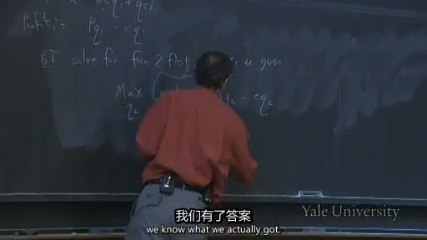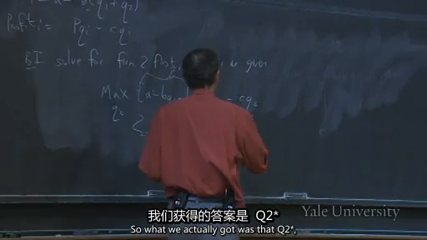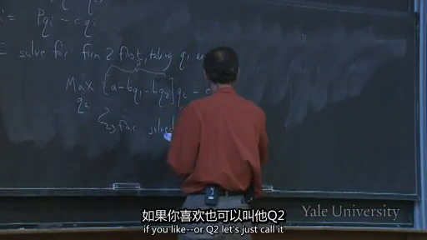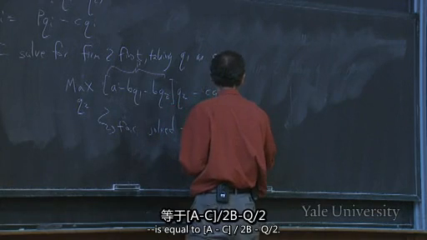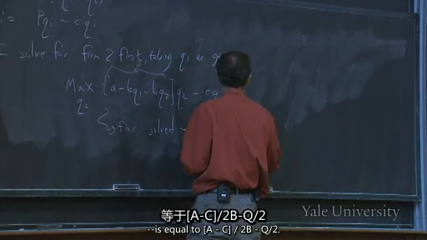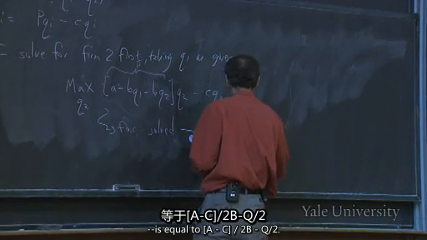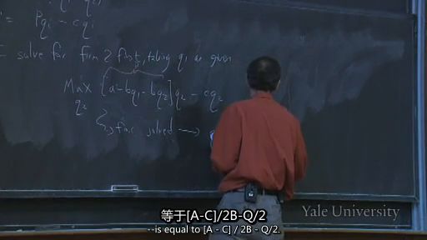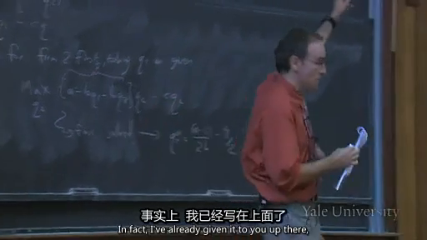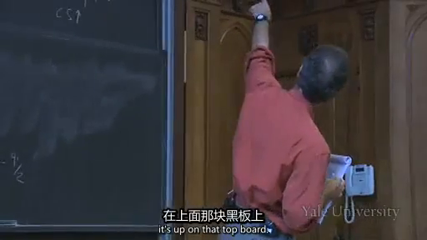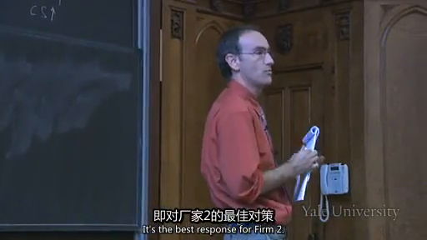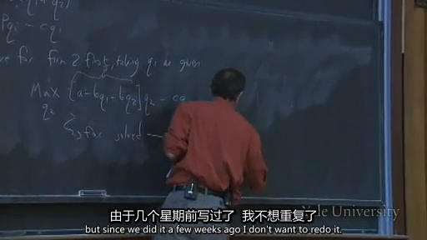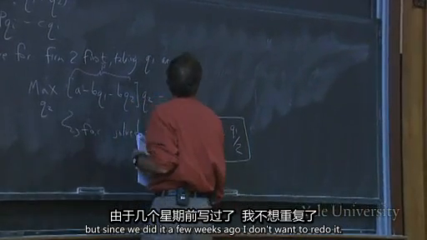We know what we actually got: Q2 star, or just Q2, is equal to (A minus C) over 2B minus Q1 over 2. In fact, I've already given it to you up there on that top board. It's the best response for firm 2. I could do this again, but since we did it a few weeks ago, I don't want to redo it.